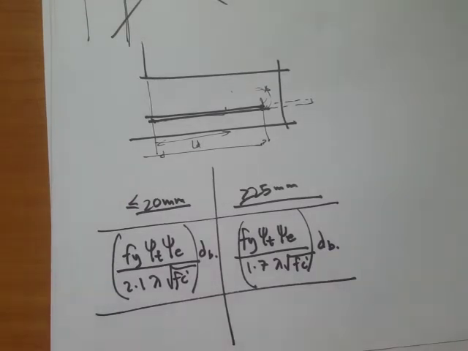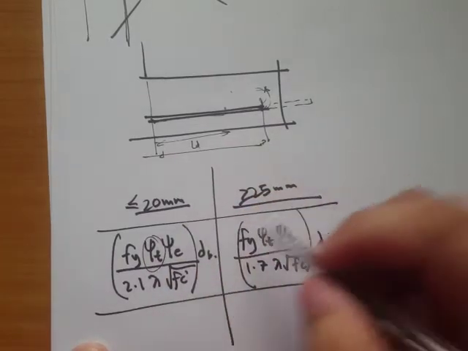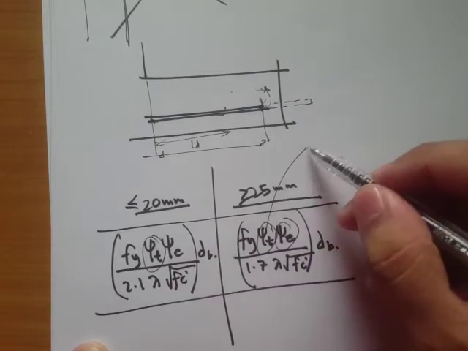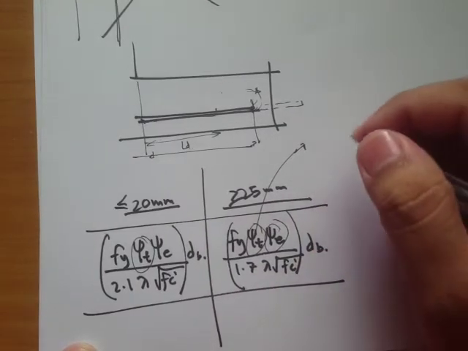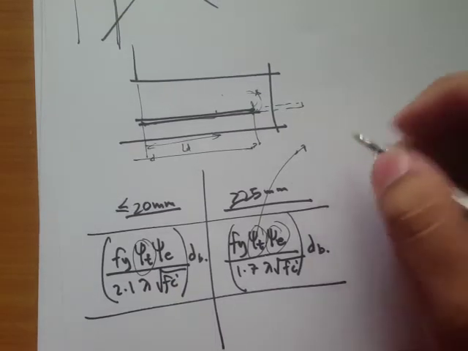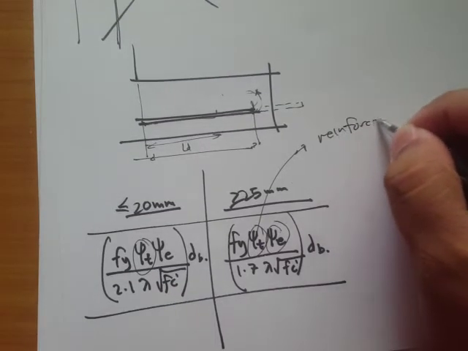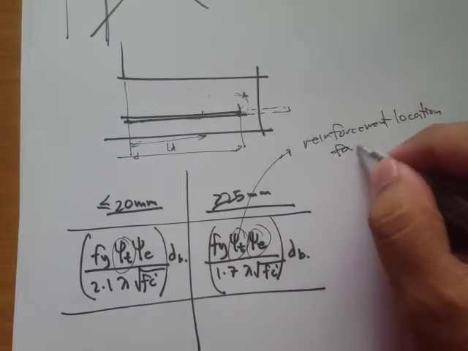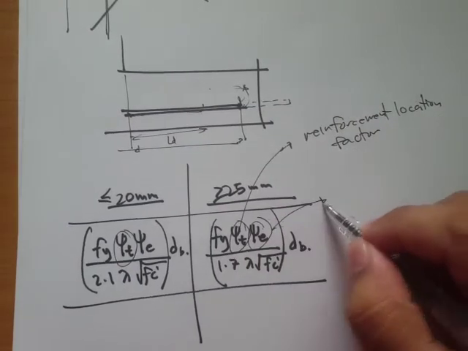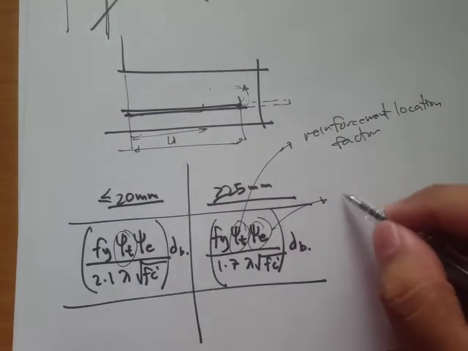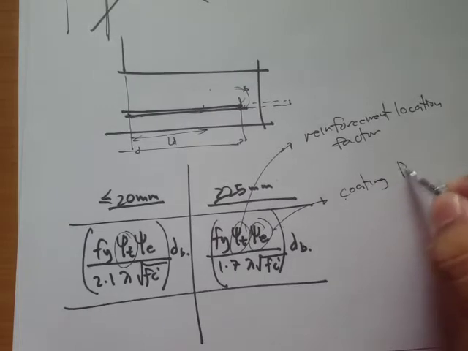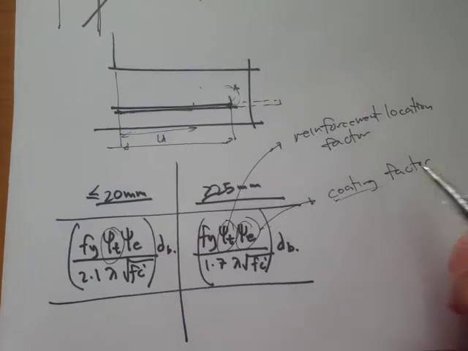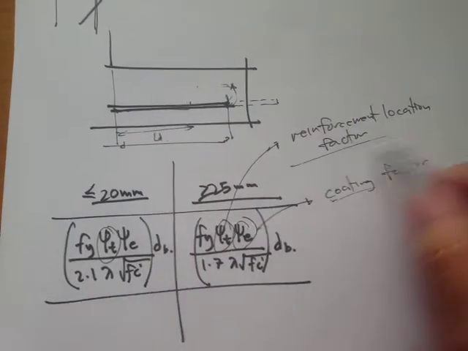Now let's discuss what psi of t and psi of e are. Psi of t is the reinforcement location factor, and psi of e is the reinforcement coating factor. If there are paintings here, then you have to account for those coatings.